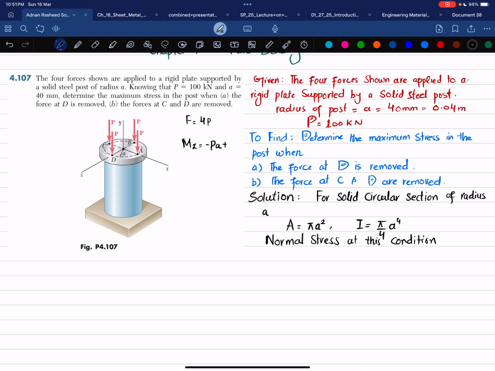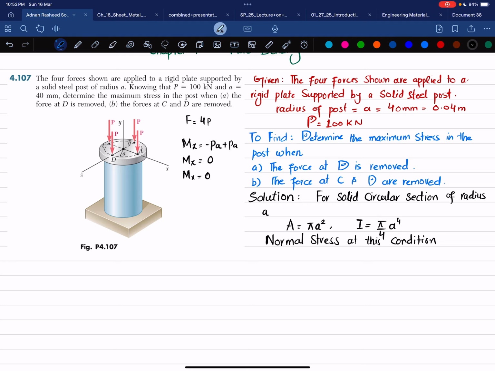So it means that moment about Z is equal to 0. Similarly, if you take moment about X axis, you can see that this force into perpendicular distance A is producing clockwise moment, and this force, which has perpendicular distance A, is producing counterclockwise moment. So their sum will also give you a net moment about X axis equal to 0.